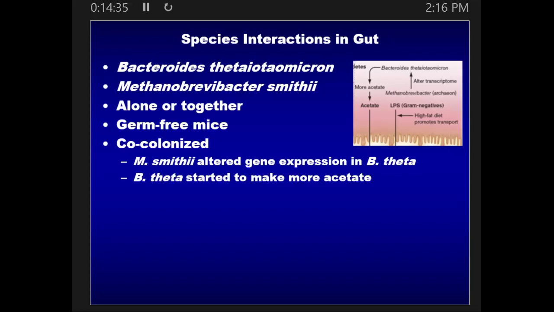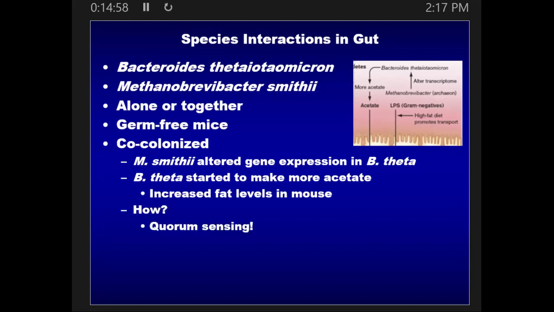And what they found is that because of the presence of Methanobrevibacter, it was causing Bacteroides to make more acetate, which we know in this study, they're like, yeah, acetate's not such a great idea to have a lot of that, because in this study, it did increase fat levels in mice. And so what they were finding is that this was through the process of quorum sensing.